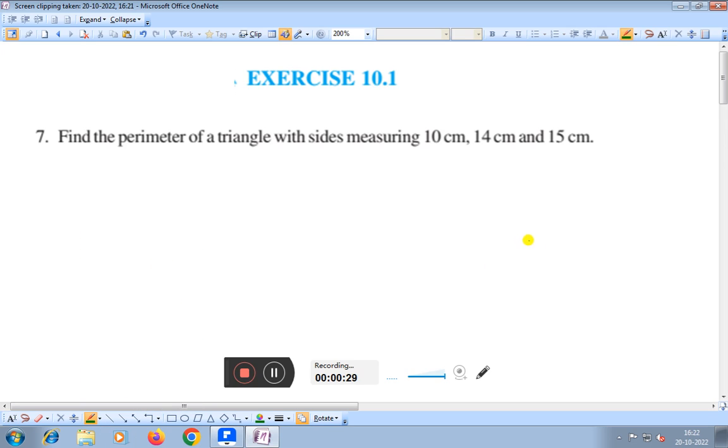That is, a triangle is there. If we draw a triangle like this, one side is 10 centimeter, one is 14 centimeter and another is 15 centimeter. That means if we find the perimeter of this triangle, it is the sum of all the sides, right?